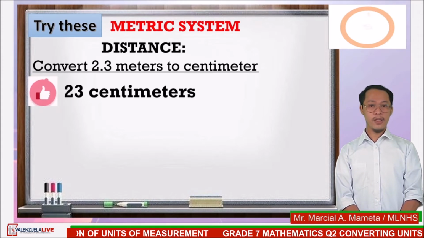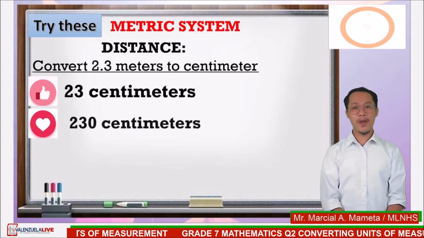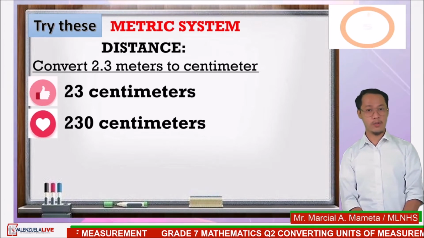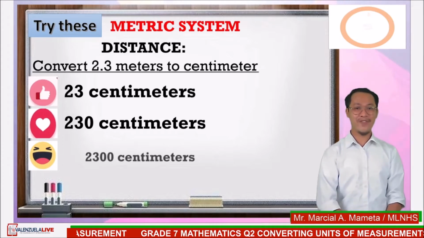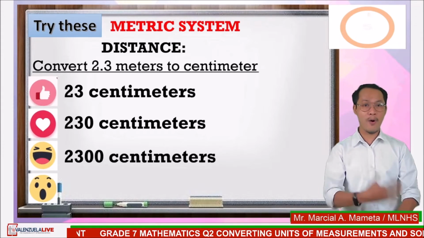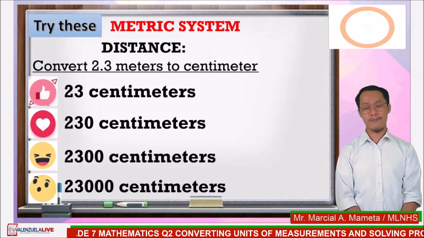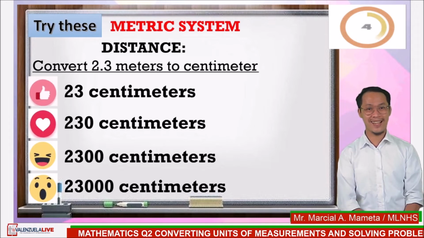Hit like if your answer is 23 centimeters. Hit heart if your answer is 230 centimeters. Hit haha if your answer is 2,300 centimeters. And hit wow if your answer is 23,000 centimeters. 5 seconds.